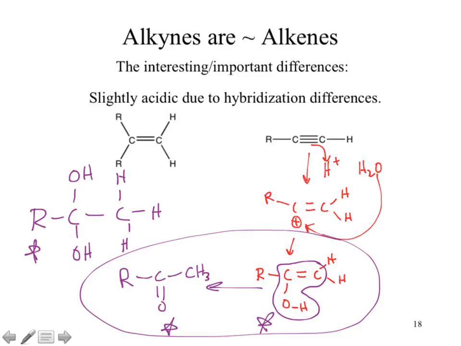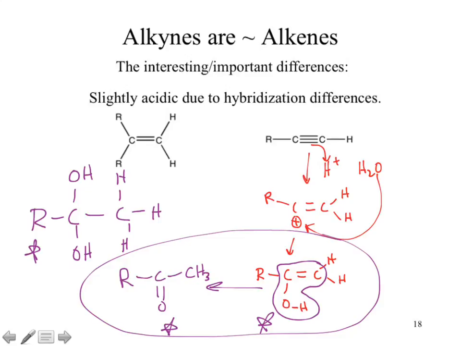It officially goes through the same mercurinium as the alkene does, but ultimately we don't care about that. It does the same chemistry. We put an OH and a hydrogen on our alkyne with one of those pi bonds. The resulting structure rapidly tautomerizes to the ketone. Okay. Could we make an aldehyde? That's one of the answers.